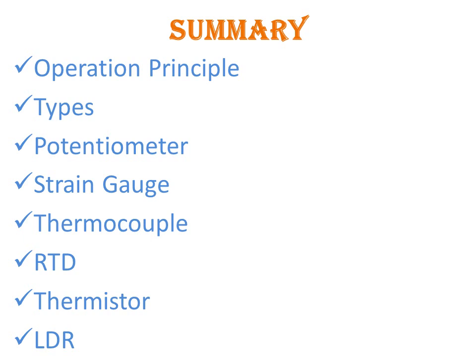As we saw, resistance depends upon the length of the conductor, the cross-sectional area of the conductor and the resistivity of the conductor material. We can change either the length, the cross-sectional area or the resistivity in order to change the resistance.